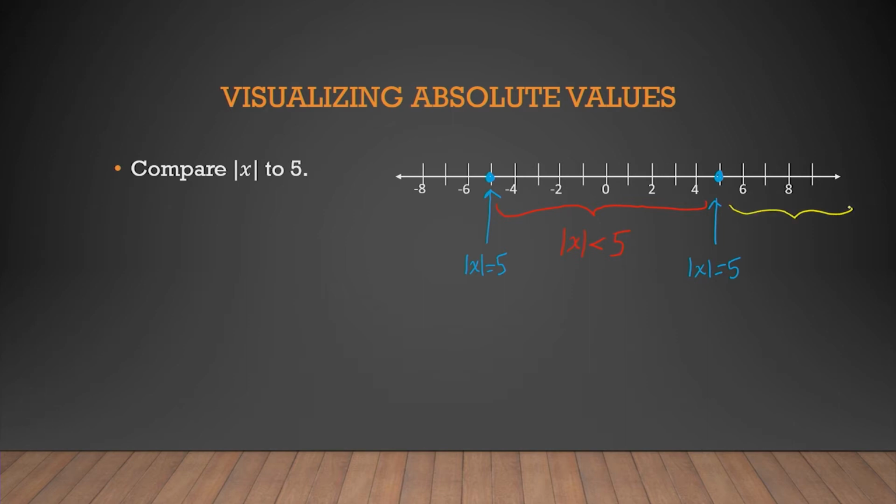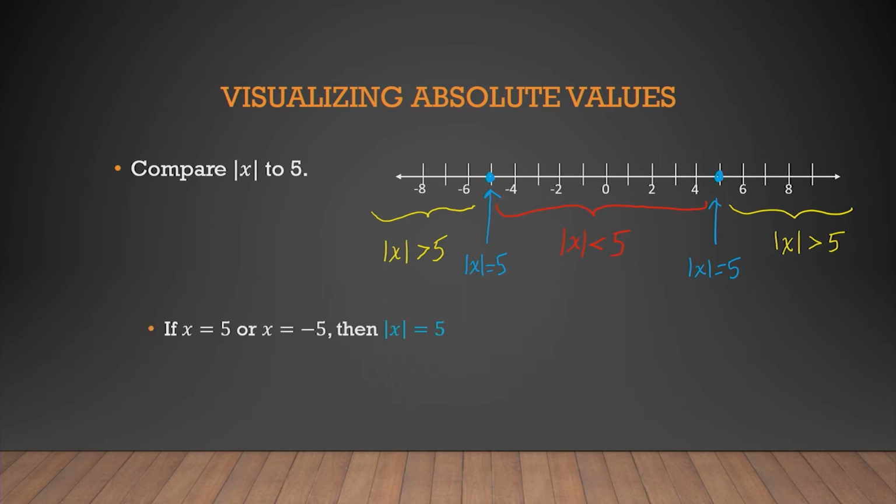Lastly, the numbers to the right of 5 and to the left of negative 5 are both more than 5 units away from 0 on the number line. So the absolute value of x is greater than 5. Also, for the numbers less than negative 5, the absolute value of x, or the distance away from 0 on the number line, is greater than 5.